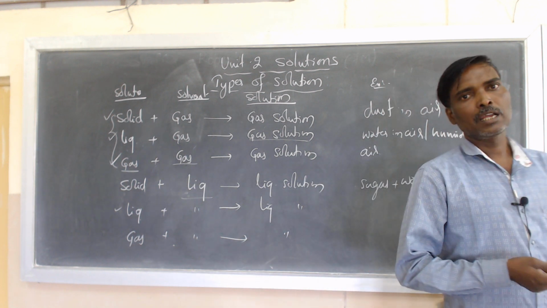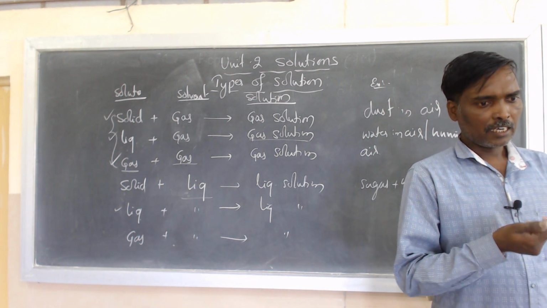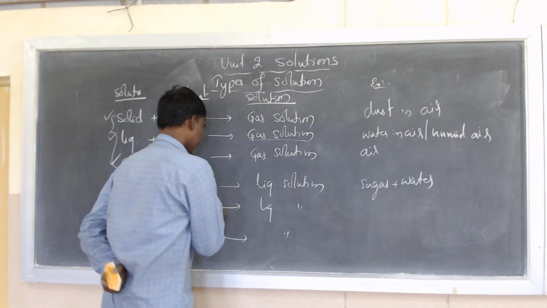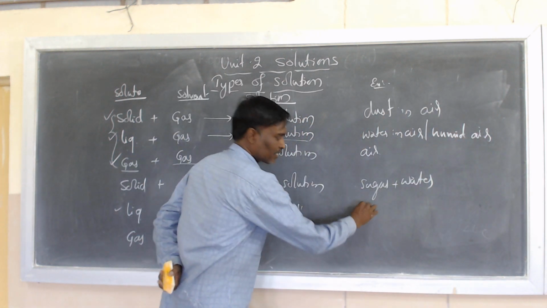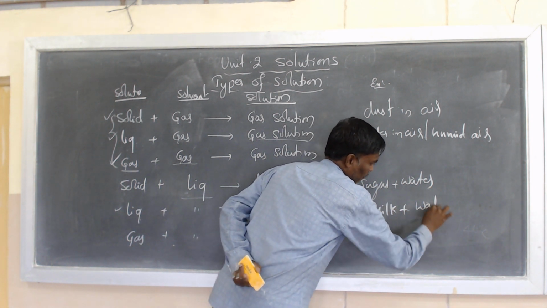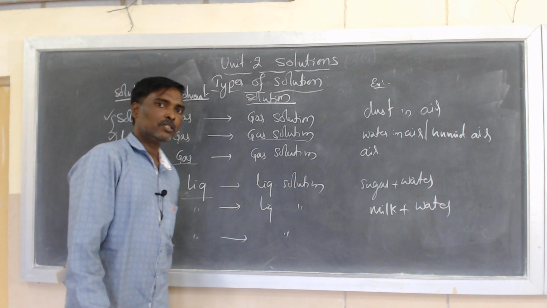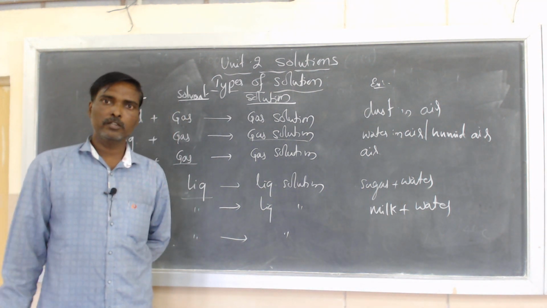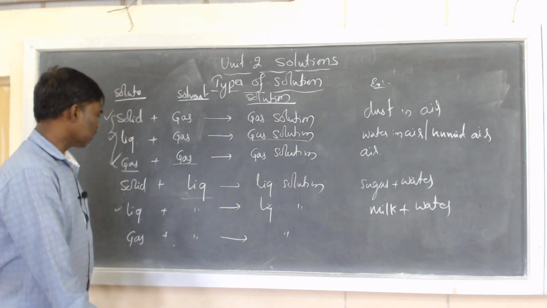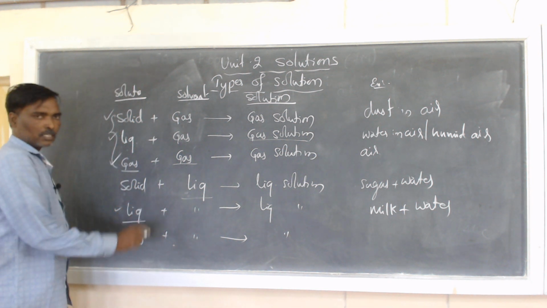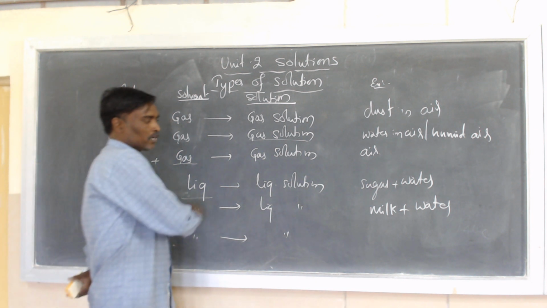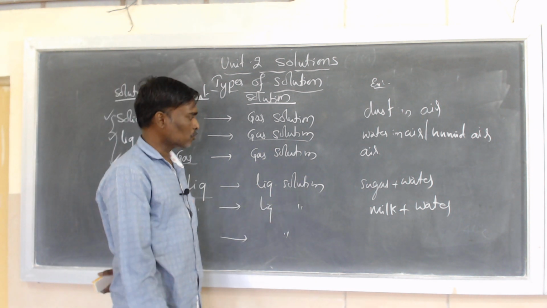For example, add water in milk or milk in water, which forms a liquid solution. Or alcohol in water also forms a liquid solution, where alcohol is in the liquid state, water is in the liquid state, and finally they form liquid solutions.